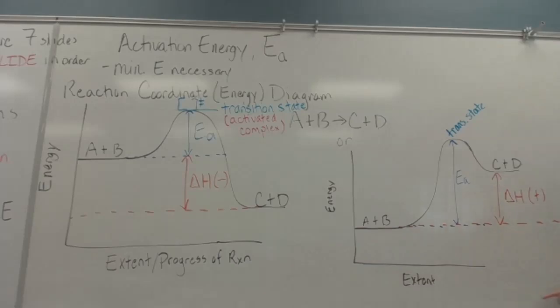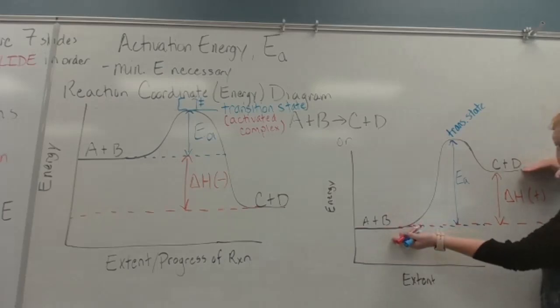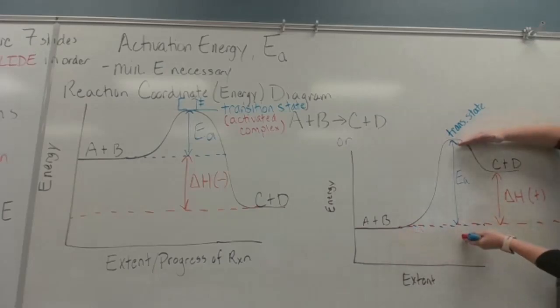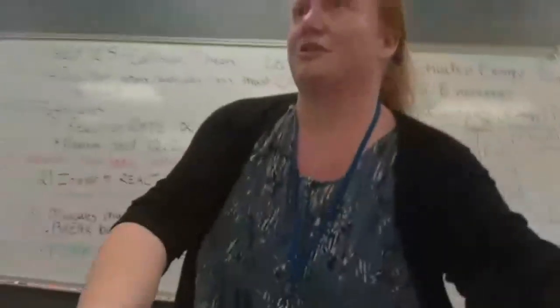You can't make that correlation. Enthalpy can only be calculated by looking at final minus initial, whatever those values are. You could have a huge activation energy or a small activation energy. That has no comparison. There is no correlation, I think is the word I was trying to say.